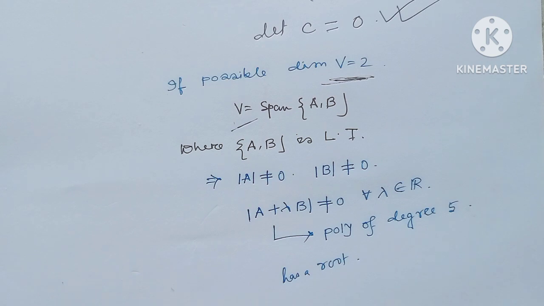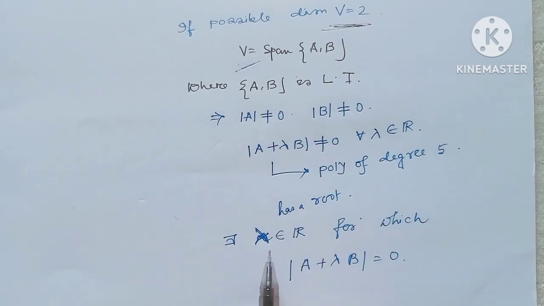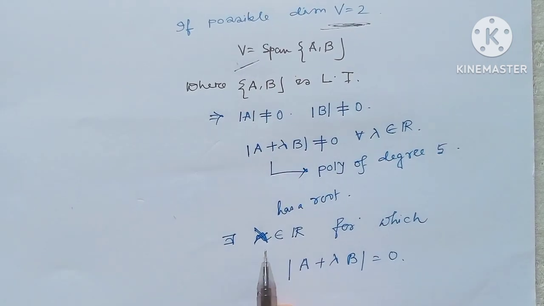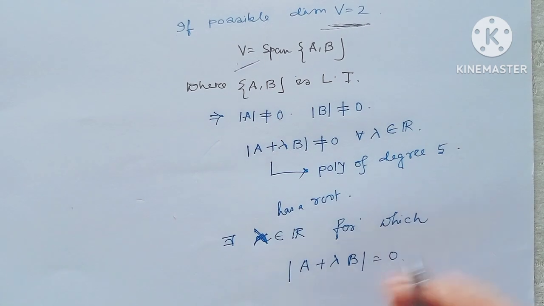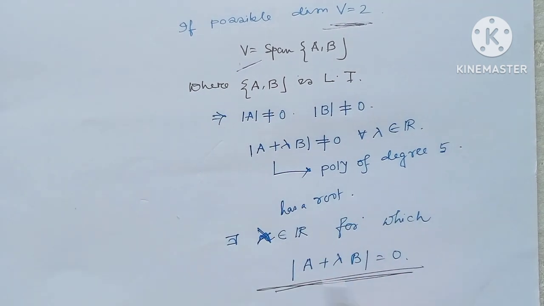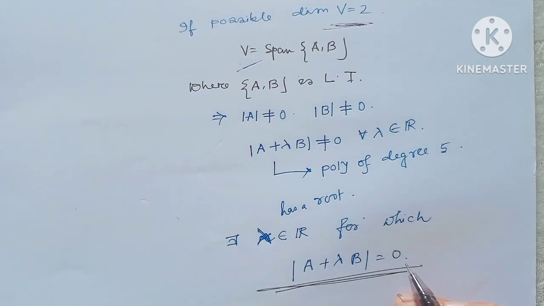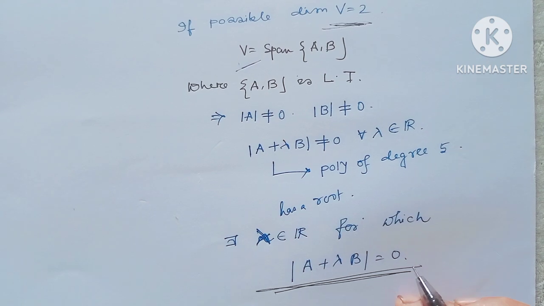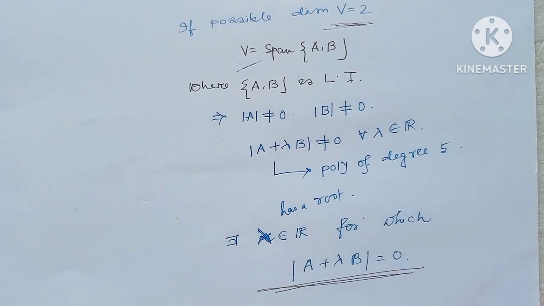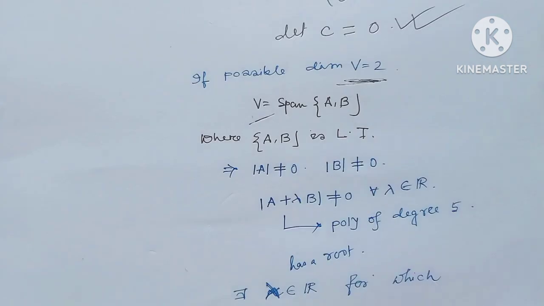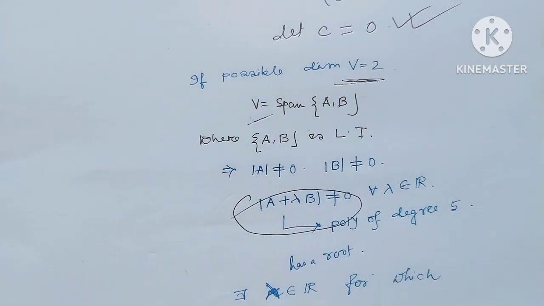Since it has a root, there exists at least one lambda belonging to R for which det of A plus lambda B would be equal to 0. This is by the fundamental theorem of algebra, and it contradicts this condition.